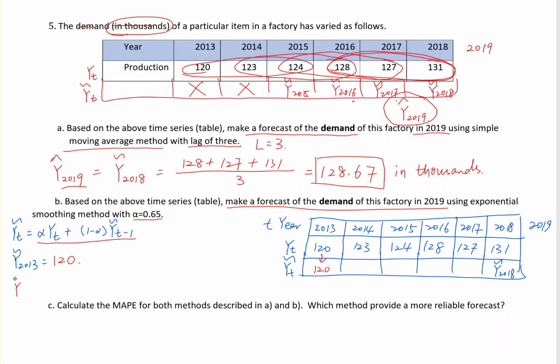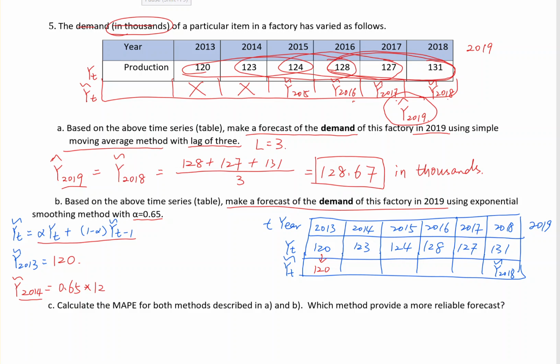So the estimated value of 2014 equals alpha, which is 0.65, times the current value. What is the current value? It is Yt at time 2014, which is 123.